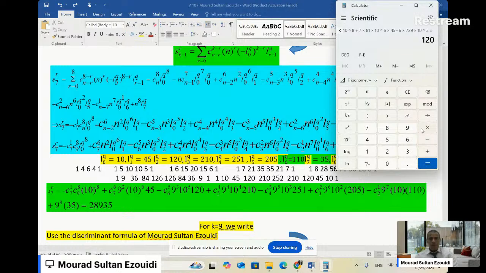Plus 5 multiplied by 9 raised to the power 4, multiplied by 10 raised to the power 4, times 210.